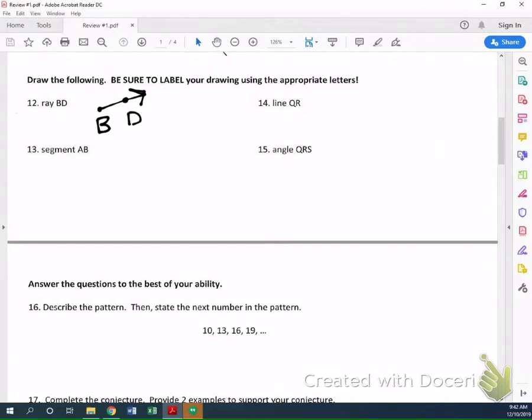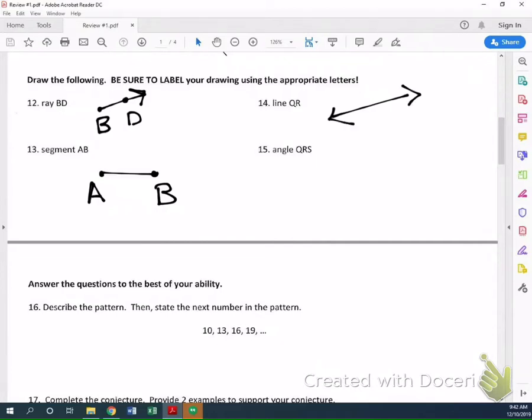All right, number 13 is a segment. How many arrows are there on a segment? None. So 1 point is A, 1 point is B, and then connect them. All right, line QR. How many arrows are on a line? 2.